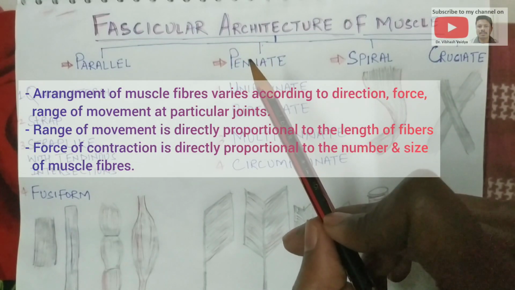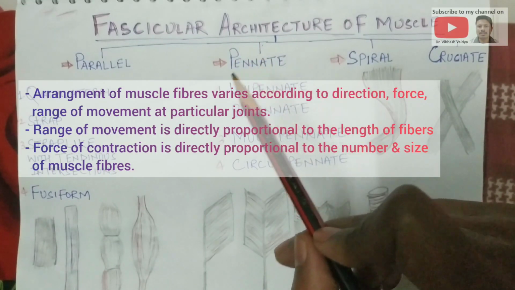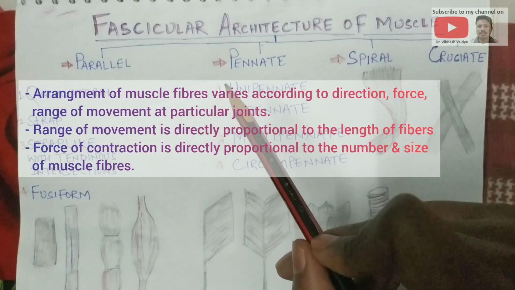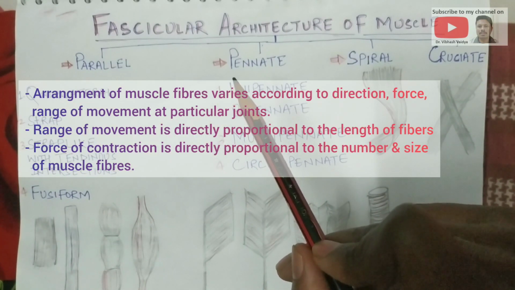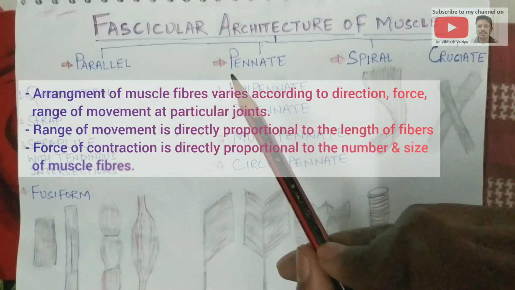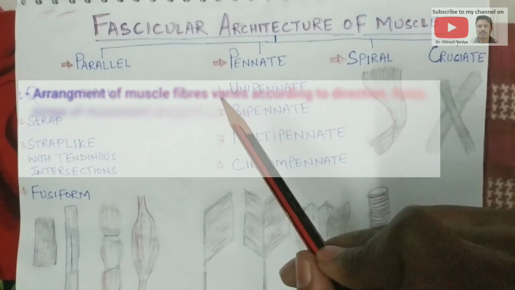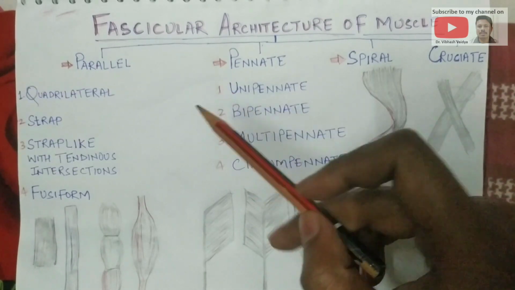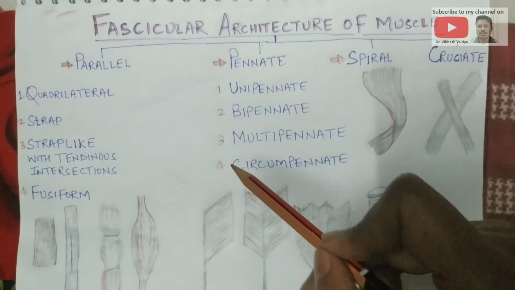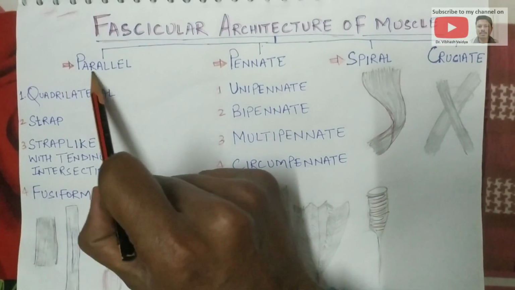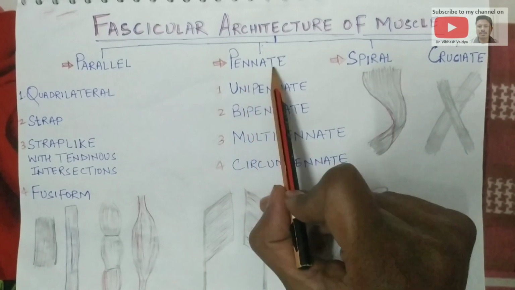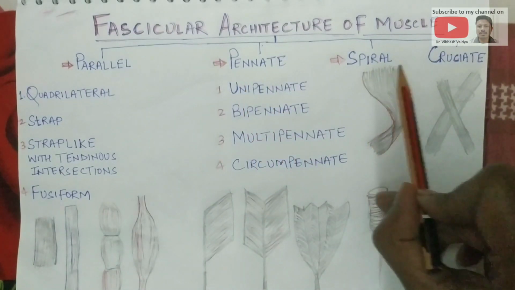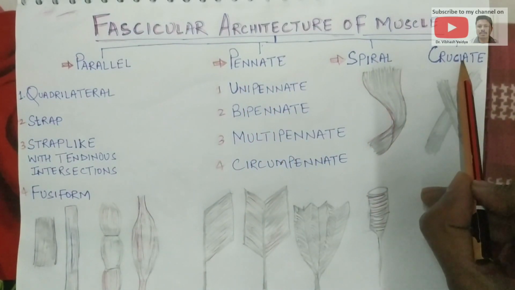The range of movement is directly proportional to the length of the fibers, and the force of contraction is directly proportional to the number and size of muscle fibers. So the muscles are classified according to the arrangement of their fasciculi into parallel, pinnate muscles, spiral muscles, and cruciate muscles.